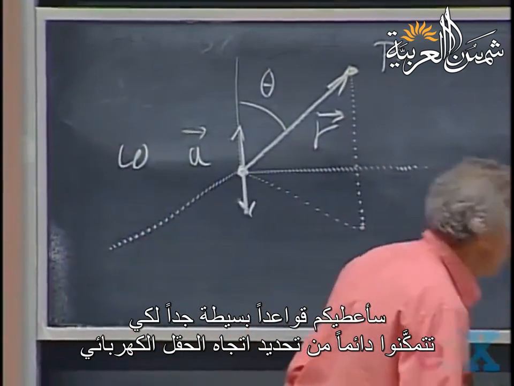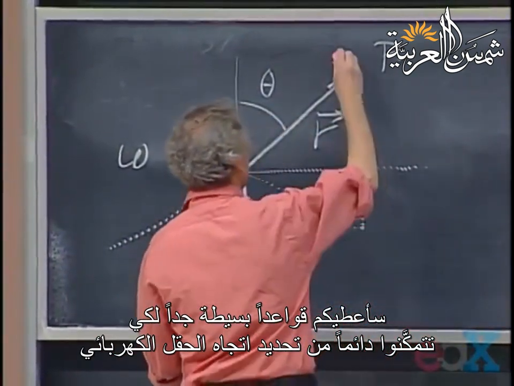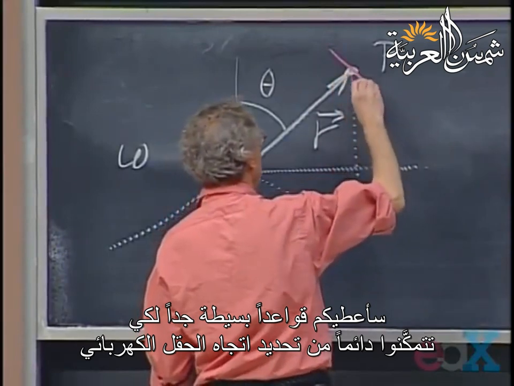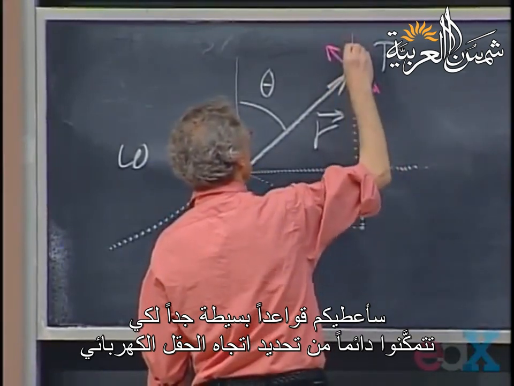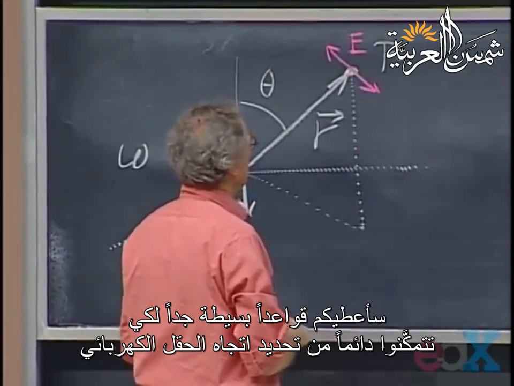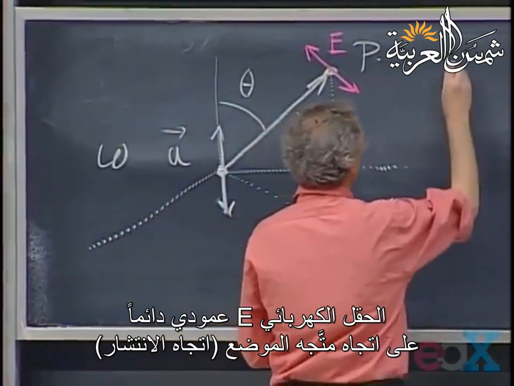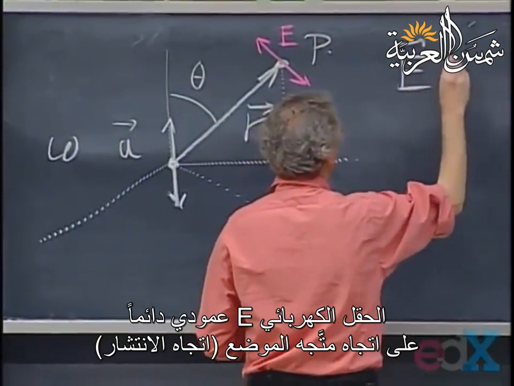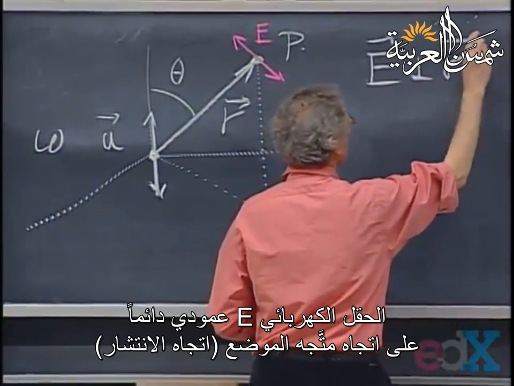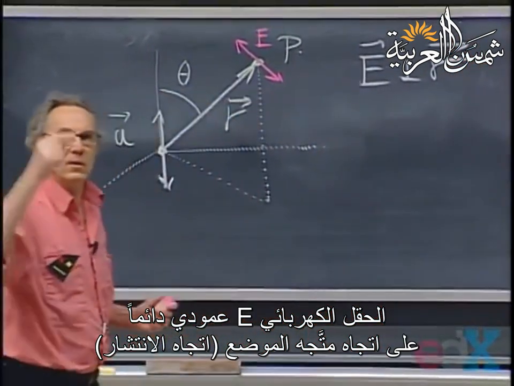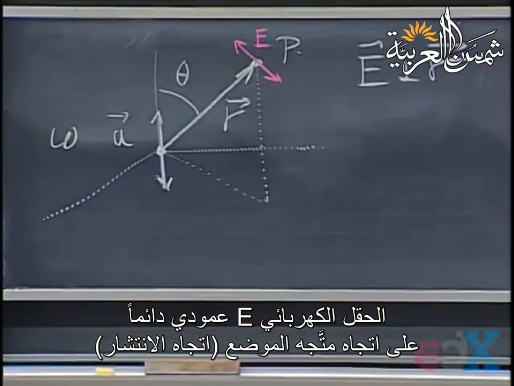And when you are at P, I'm going to give you some very simple rules which will always allow you to determine the direction of the electric field. The electric field is always perpendicular to the position vector, the direction of propagation.